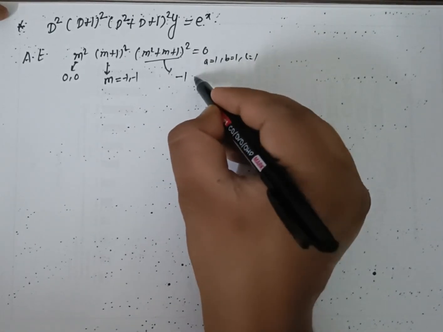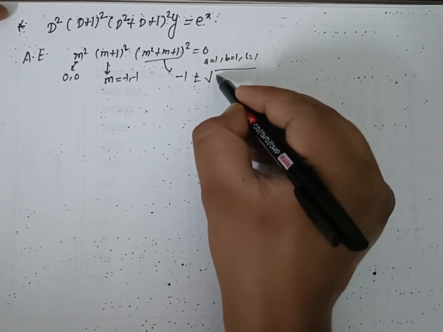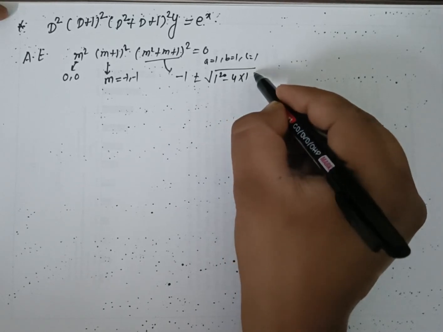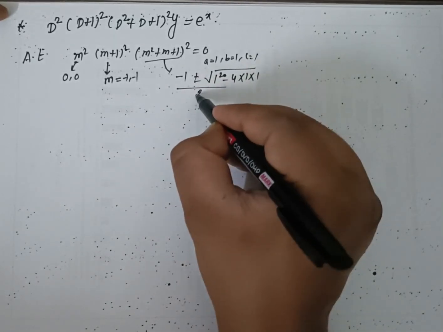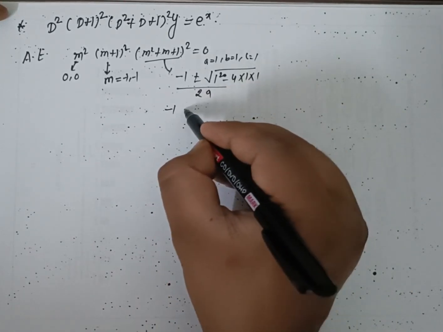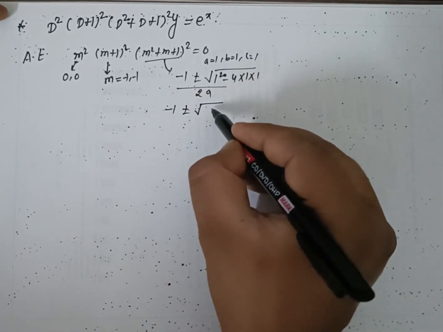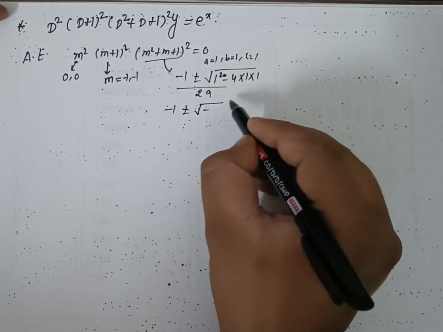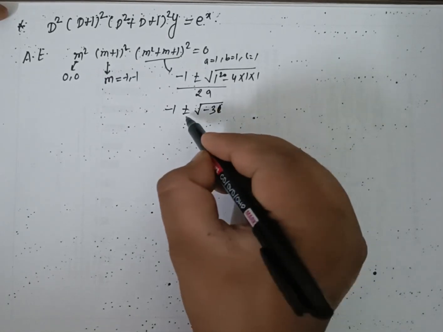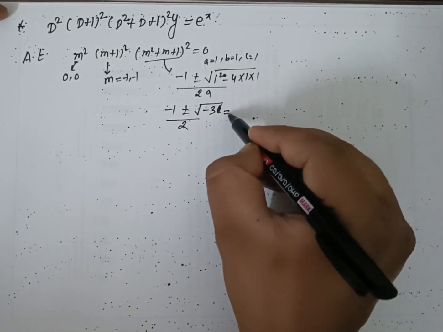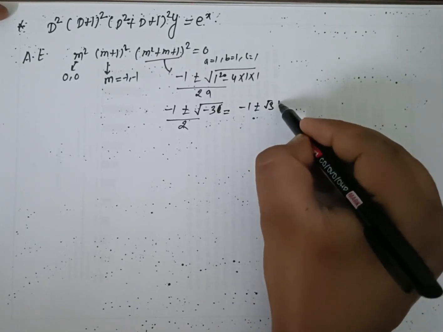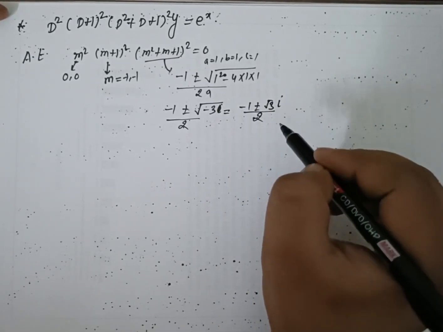So m = (−b ± √(b² − 4ac)) / 2a, so you will get −1 ± √(−3) divided by 2. So you will get here −1 ± i√3 by 2, okay.